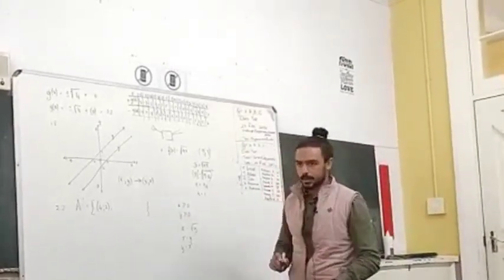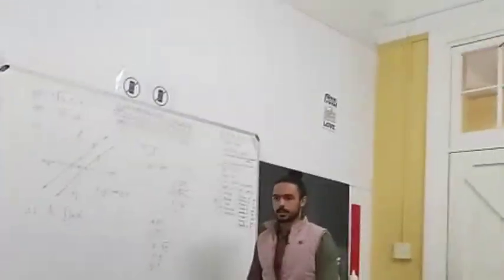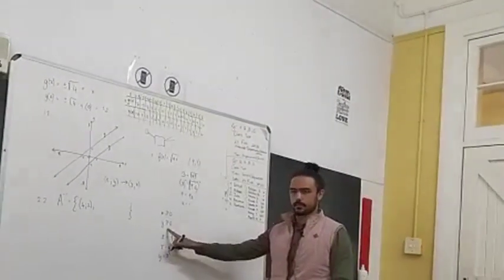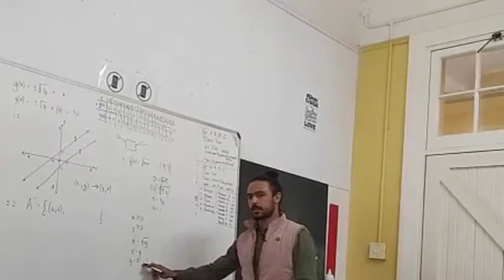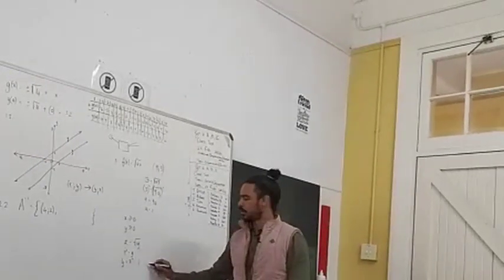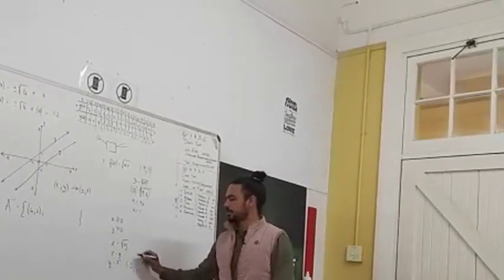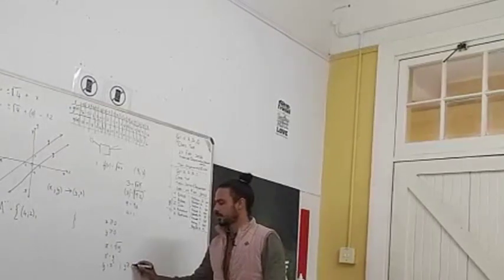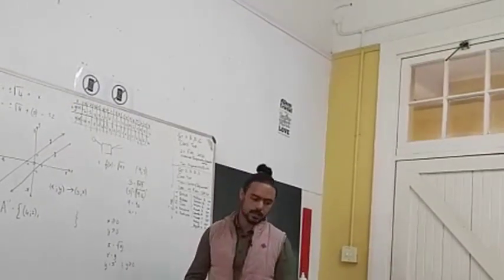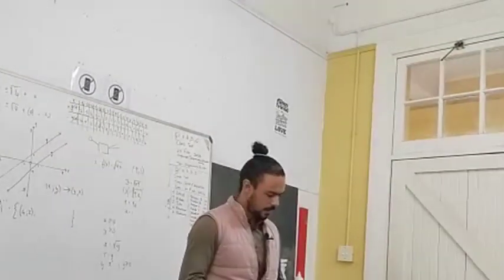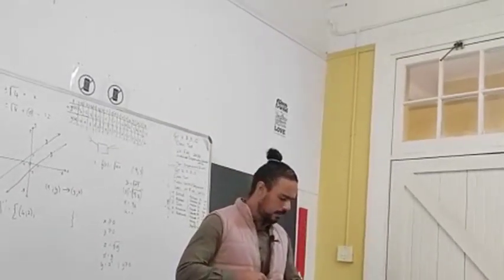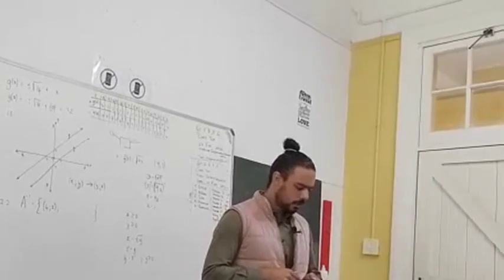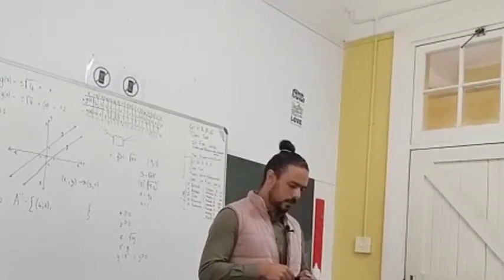But there's a limit on this function. It's for all of these values, but y cannot be greater than 0. There's a restriction on that function. Then you just need to draw those two functions for me.